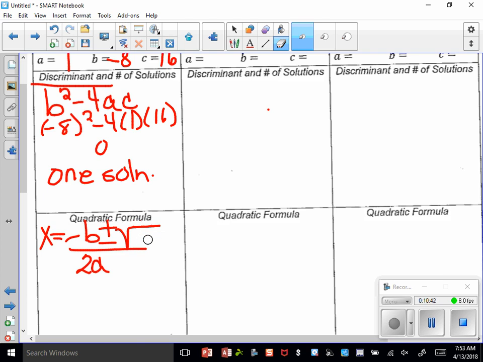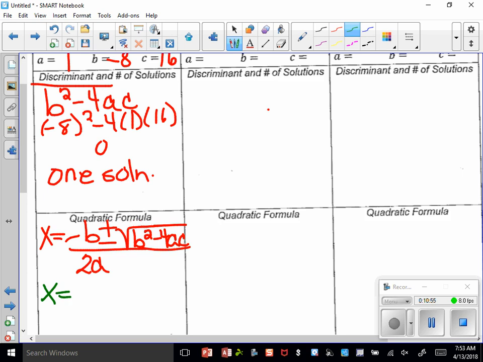The next step, I'll substitute in what that value is. So let's write the formula first. All right, so now on my next line, I'm going to actually put in the numbers. So the opposite of the b term would be a positive 8 plus or minus.